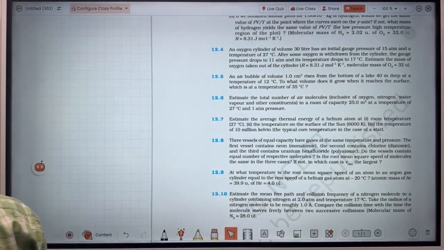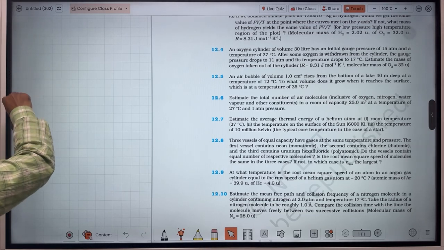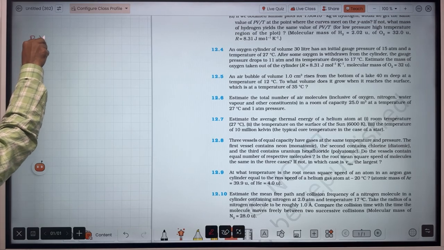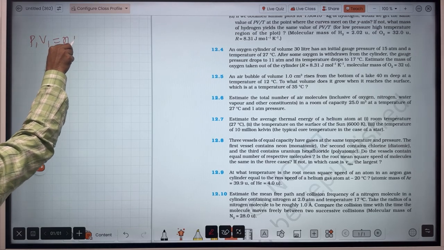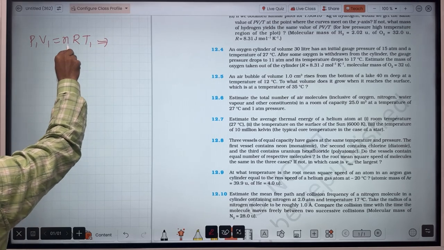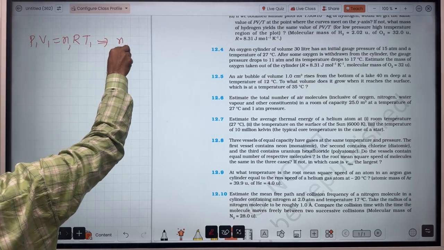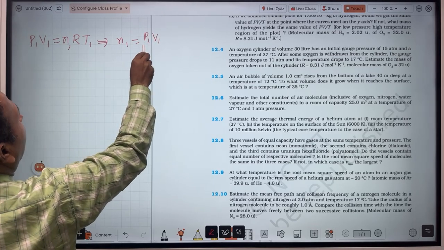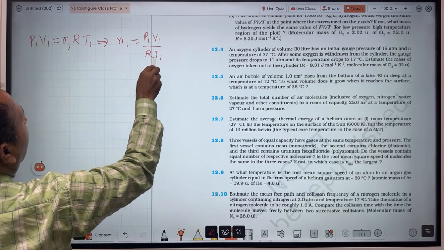The question is not tough. So here we have to do some basic analysis. We can apply the formula P1 V1 equal to n1 R T1, from where we can get n1 equal to P1 V1 divided by R T1.